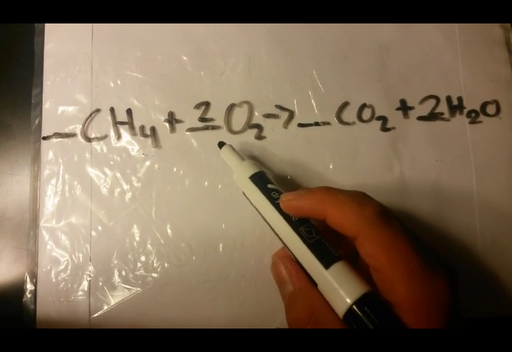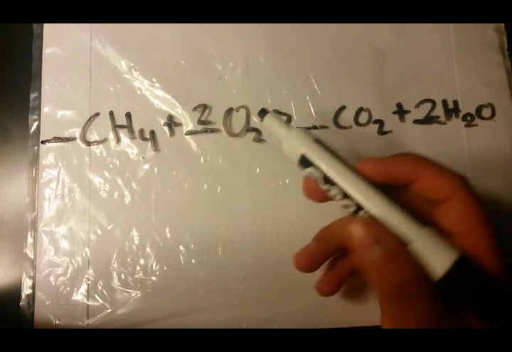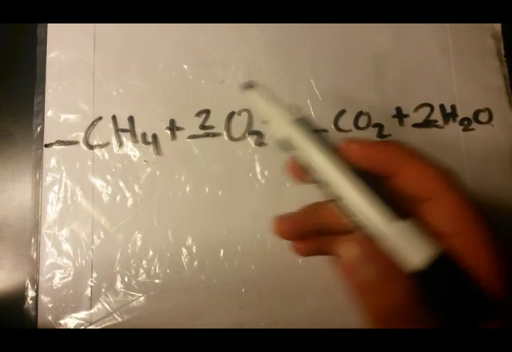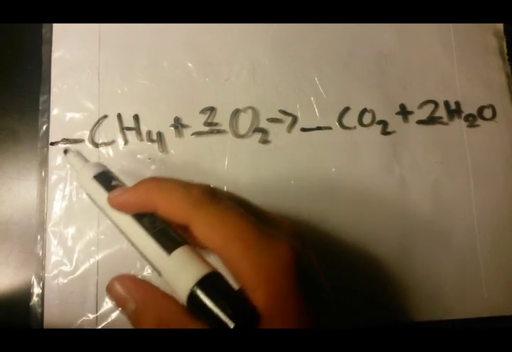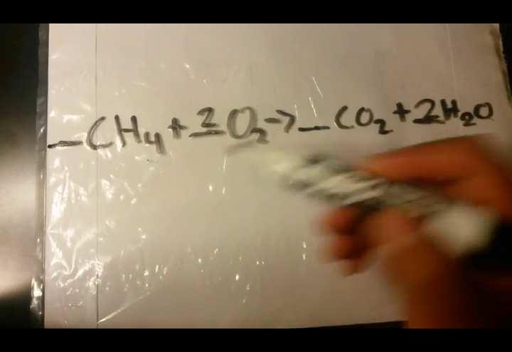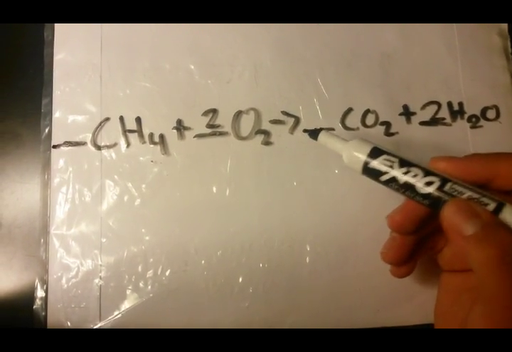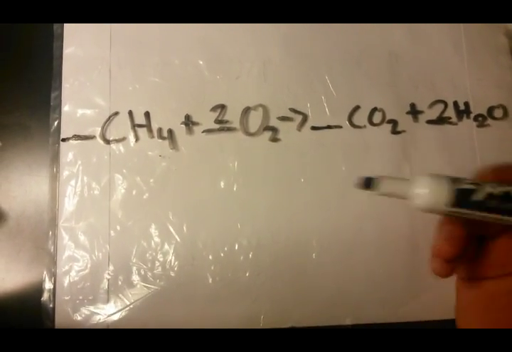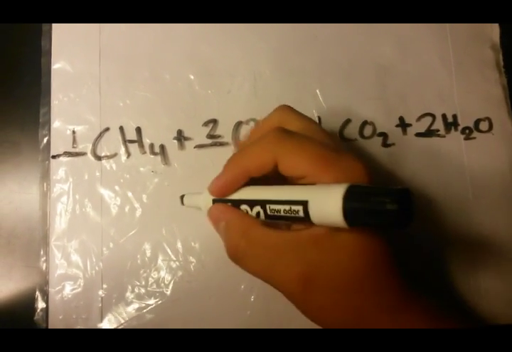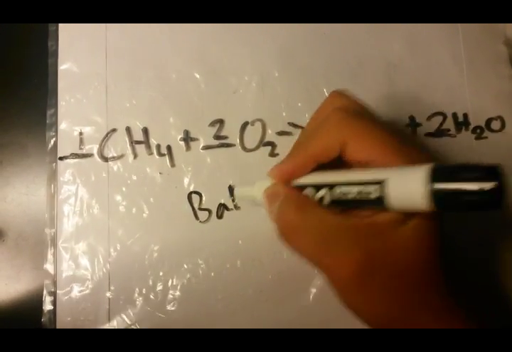So now all you have to check is your last element, which is the carbon. You could see that the carbon elements are already balanced out, so you can either leave them blank or just add a 1. It's the same thing. So now this is what you would also call a balanced equation.